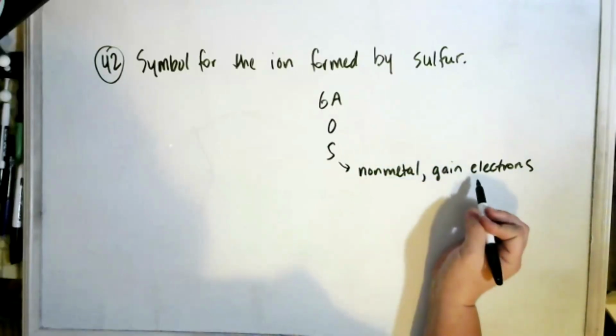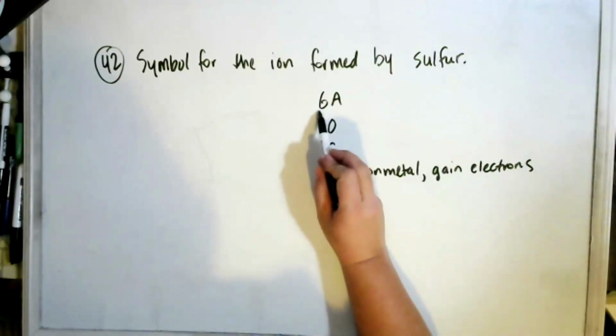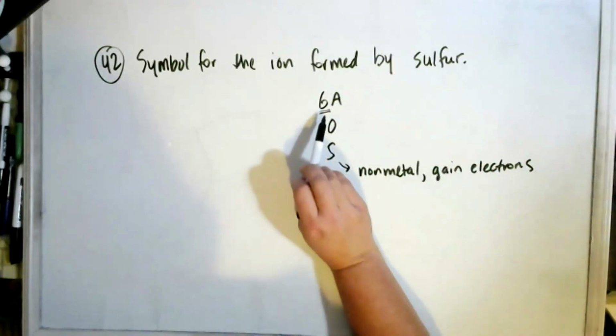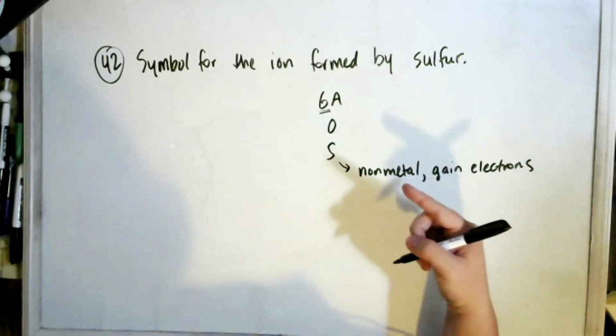And the number of electrons it's going to gain, you're going to look at your column number, 6. It's going to gain as many electrons as it needs to get to 8, a total of 8. So if it has 6 valence electrons, it's going to need to gain 2 more electrons.